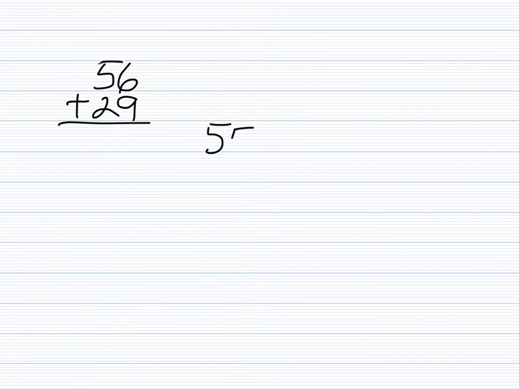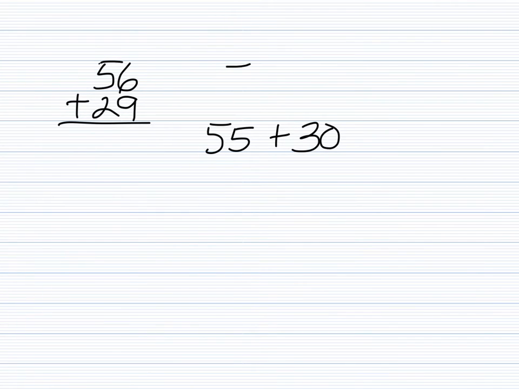So the last way of doing this is basically looking at what do we know about these numbers. So when I look at 56 and 29, I notice that this number right here is close to an easy number like 30 to add. So what I would have done is I could have written 55 plus 30.